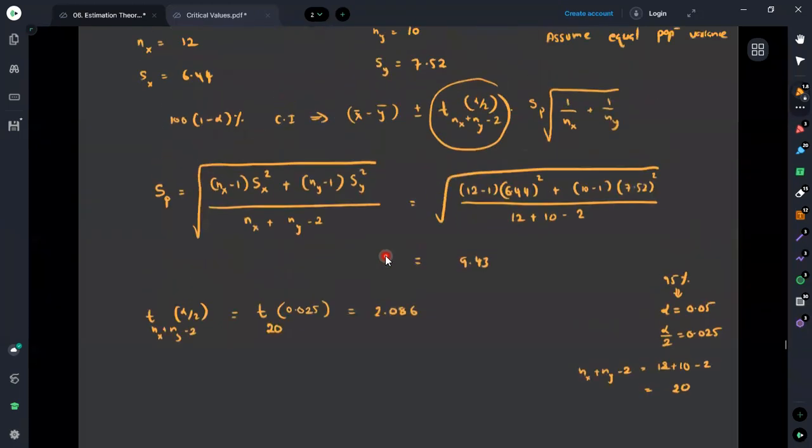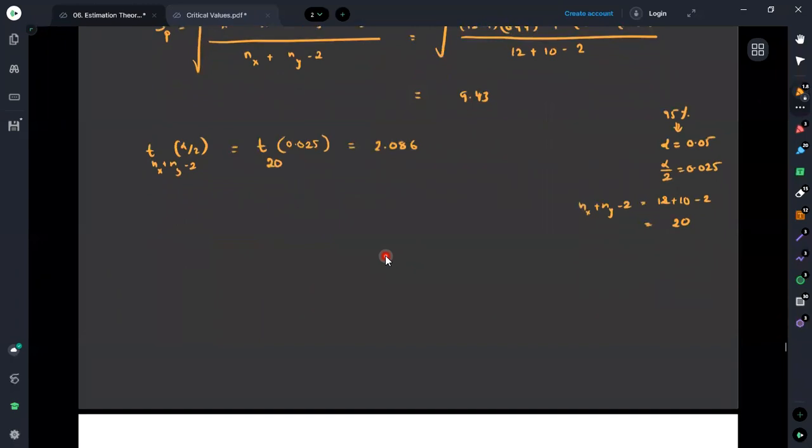Now we can do the substitution for the 95% confidence interval.